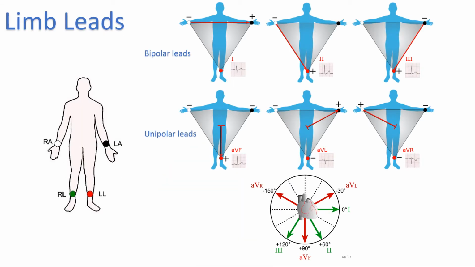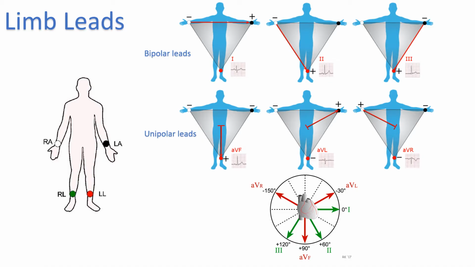Let's talk briefly about what a lead actually is. It is simply a reference point from which to graph the electrical depolarization current of the heart. In the original ECG, they placed electrodes on the right arm, right leg, and left leg. The right leg acted as a ground, and the rest of these had charges, positive and negative charges on the electrode.